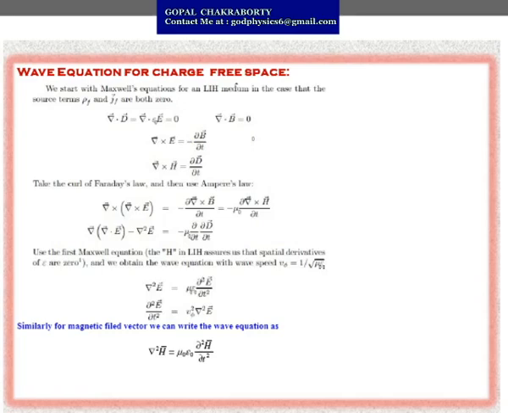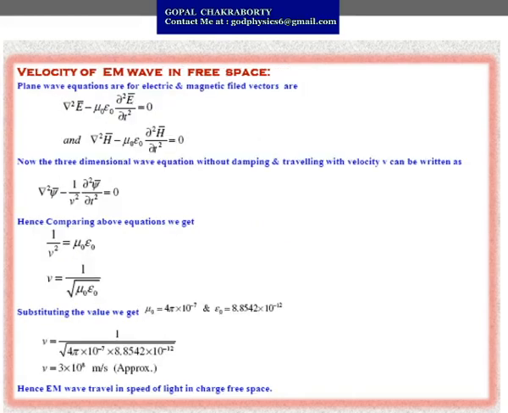Similarly you can also write the wave equation for magnetic field for charge free space: del square H equals mu naught epsilon naught del 2H/del t squared. Now, from this equation you can also find out the velocity of electromagnetic wave in free space.